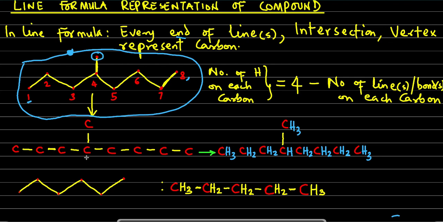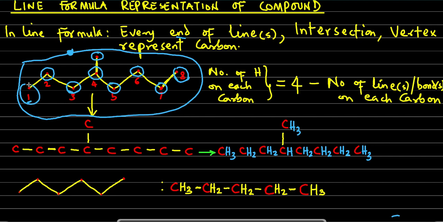So every end of line is actually a carbon. And we said every vertex or intersection, a point where 2 or 3 lines meet, is also a carbon atom, in addition to the end of line.